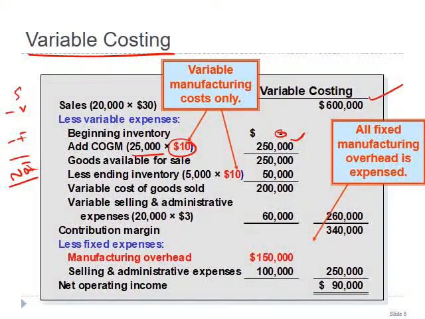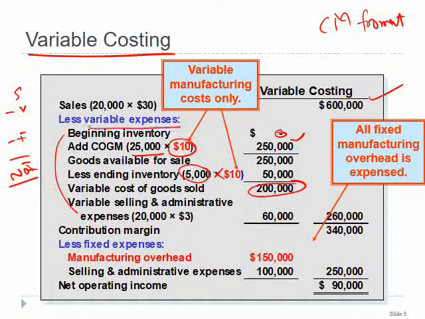And then we less the units that are not sold, which was 5,000 units. We multiply this with our variable costing unit price, answer is 50,000. So the left amount is 200,000. Remember, our income statement is made under contribution margin format, so we have to add all the variable expenses here.